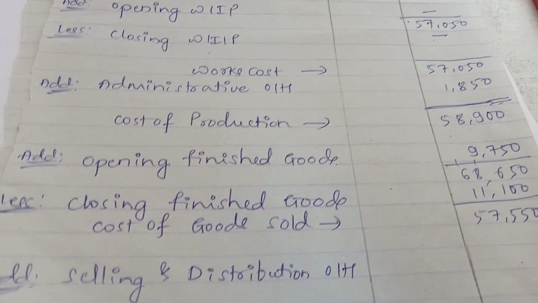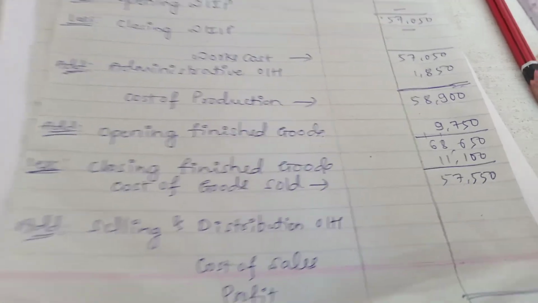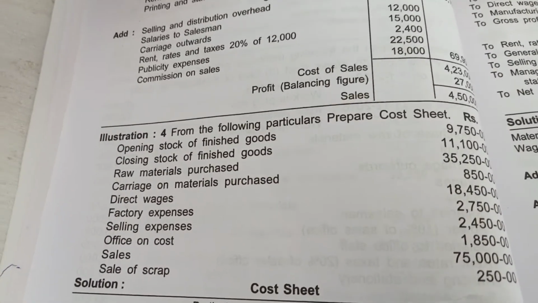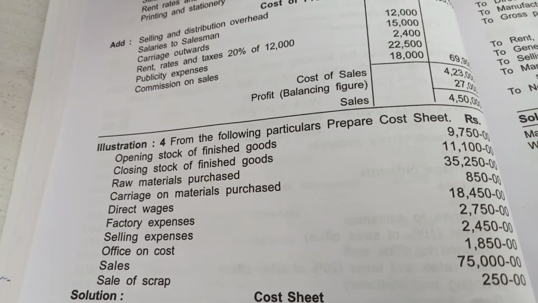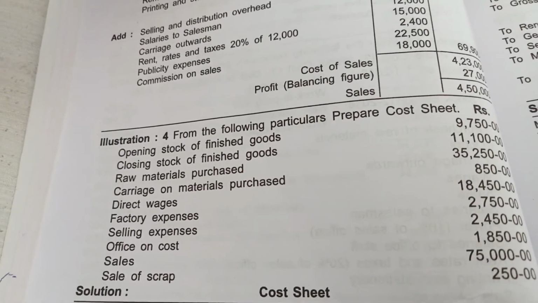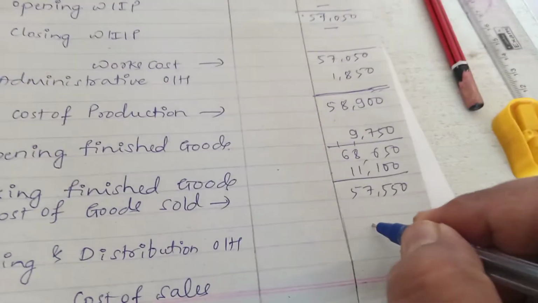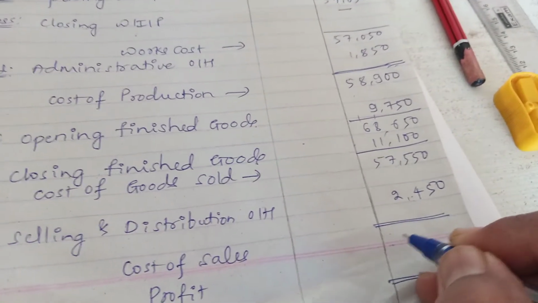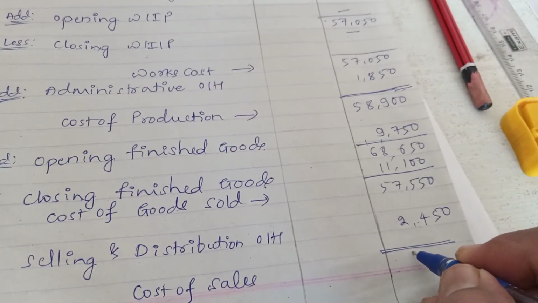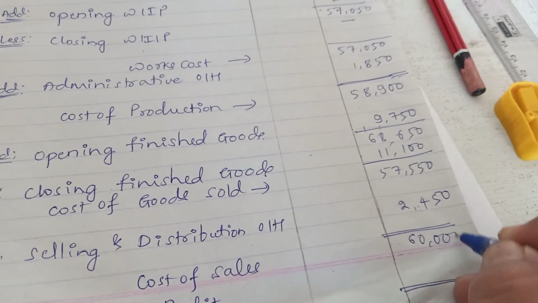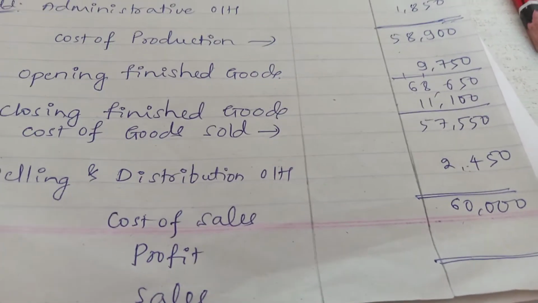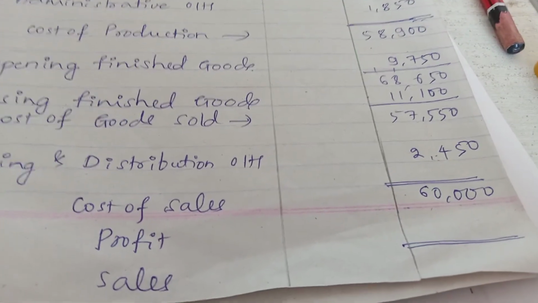To this we add the selling and distribution overhead. Go through the problem to see whether selling and distribution overhead is given. Yes, selling expenses they have given, amounted to rupees 2,450. When we add this we get 60,000, that is nothing but the cost of sales. And here we ascertain the profit.